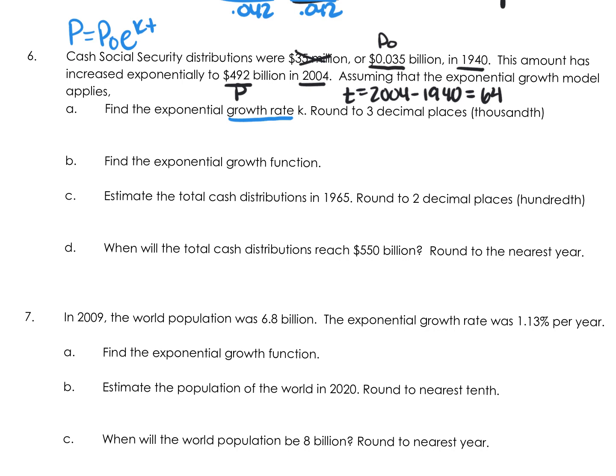So we have to find K, so we'll plug in P0, leave K, plug in t is 64, and then we'll plug in P as our ending amount. And then we'll go ahead and solve this equation. So I'll start by dividing by 0.035.